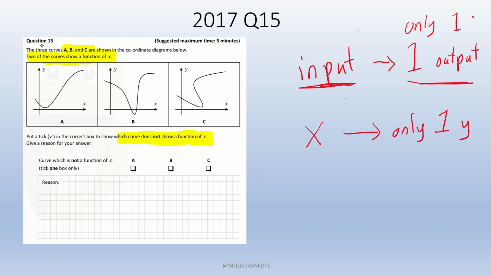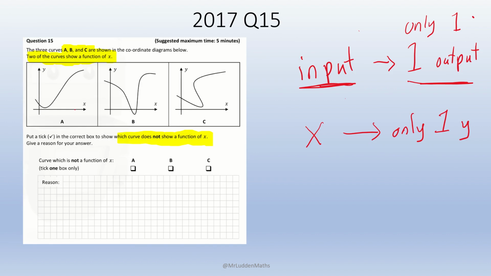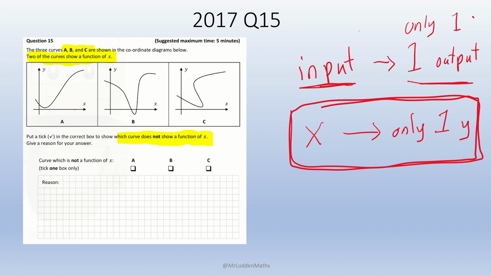If you remember from my definition here, my outputs is also called my y, and this is going to help us in relation to the question. Okay, so that's my rough work over here. Every x has to go to only one y. So let's see if that's the scenario in graph A over here.